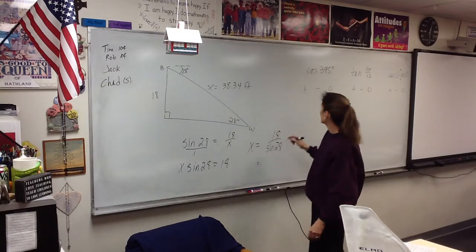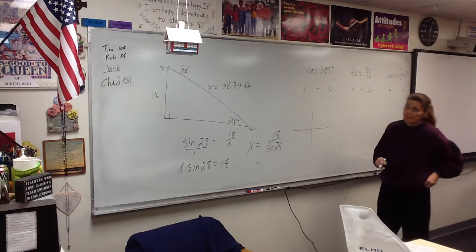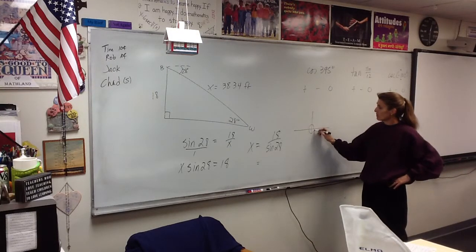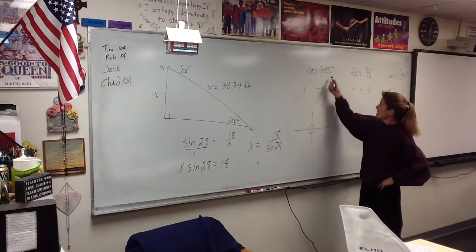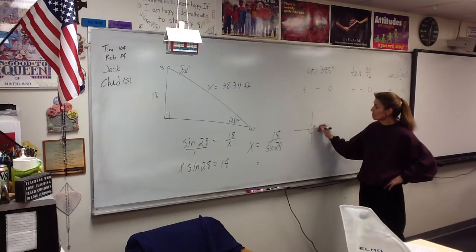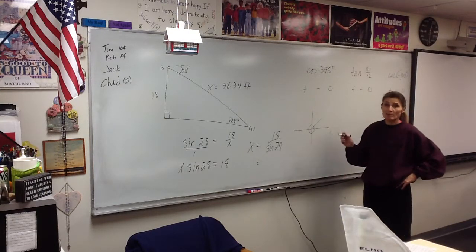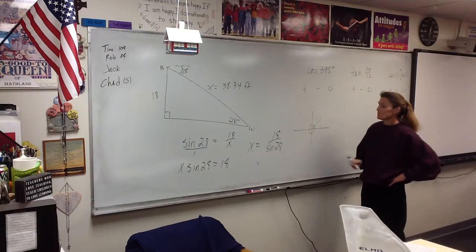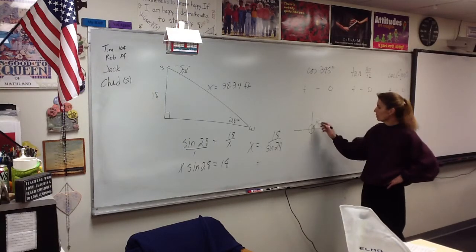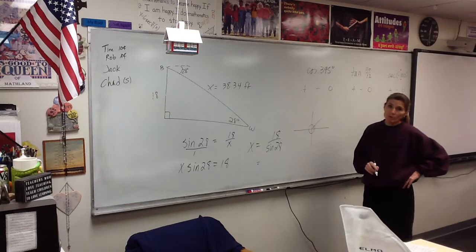Let's start with 395. If I were to draw a picture of 395, if I went all the way around, that's only 360, isn't it? So wouldn't I have to go 35 more? I would be in quadrant 1.